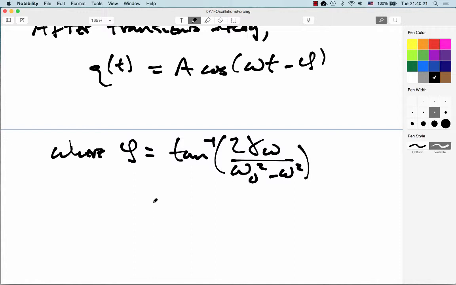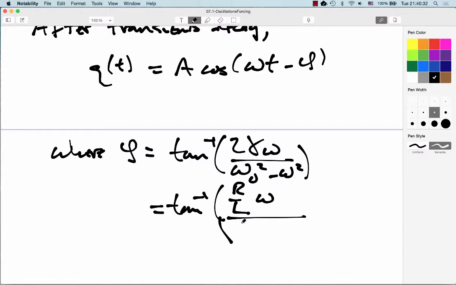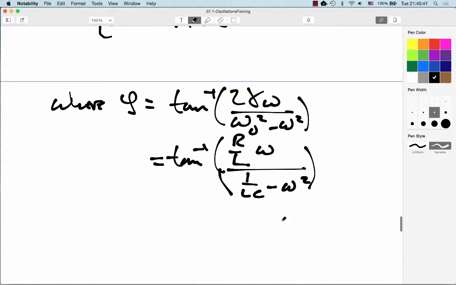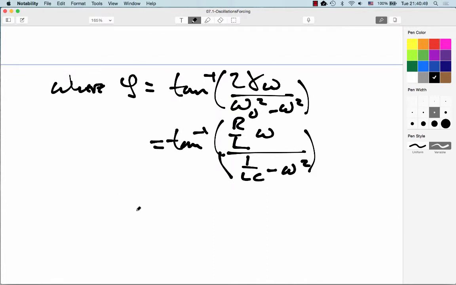So I'm picking out what those pieces are. They'll be the arctangent of R over L omega over 1 over LC minus omega squared. I can divide top and bottom by omega to make it a little cleaner, and I can multiply top and bottom by L to make it a little cleaner.